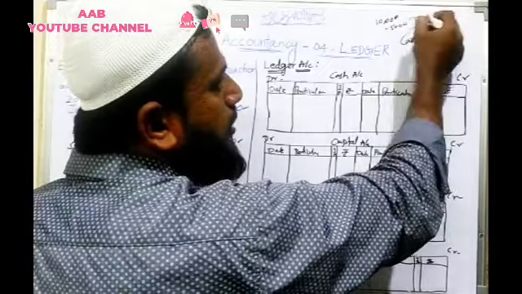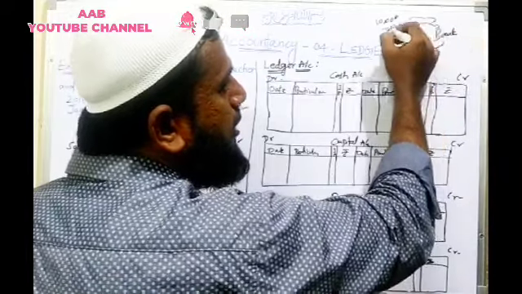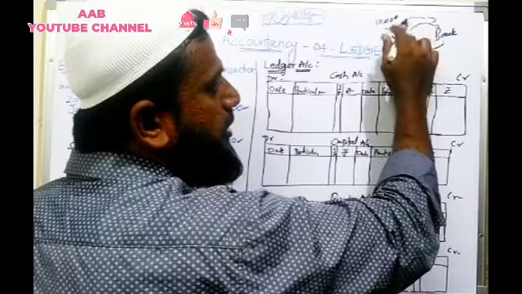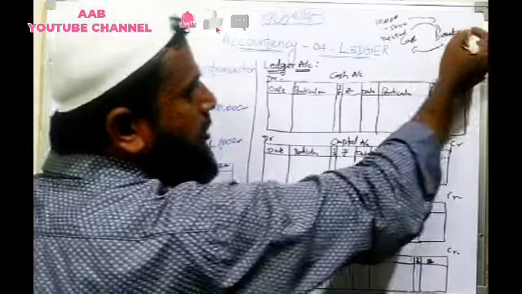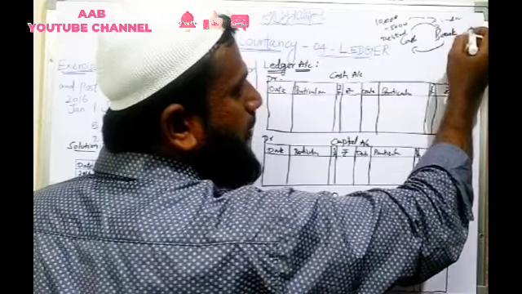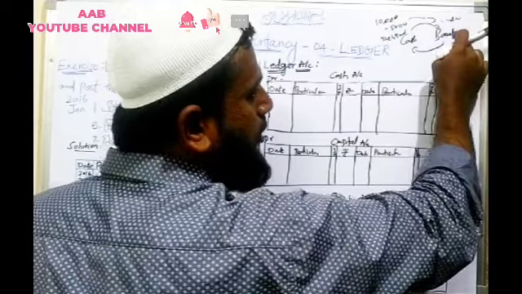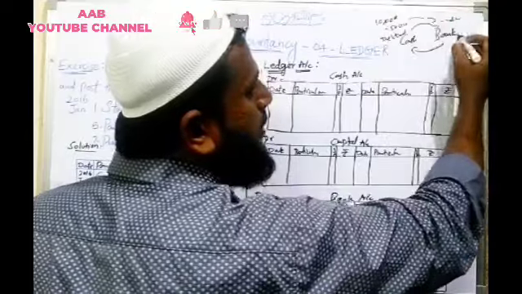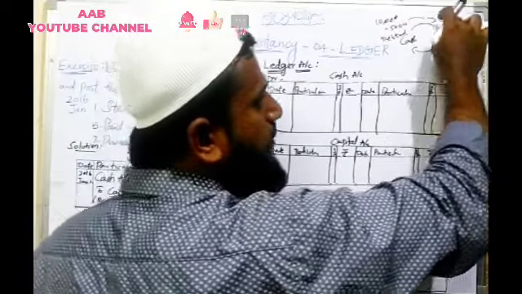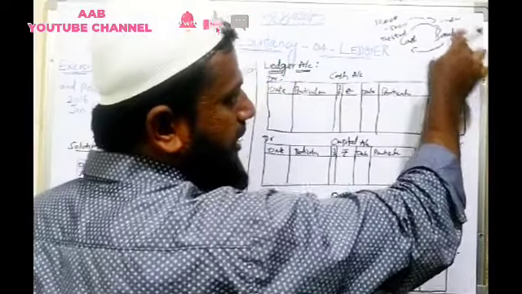So in the cash column it is debited. At the same time, the bank is credited. So in the bank account, 5,000 rupees will be credited.